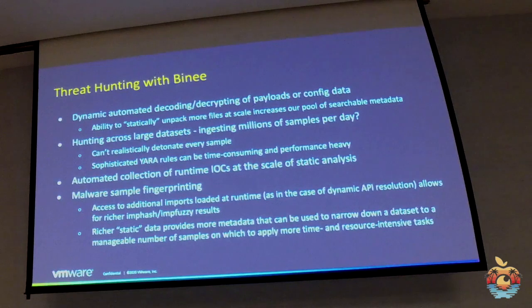So you can use this for hunting, if you've got IOCs like URLs or file names or things like that, YARA, sample fingerprinting, those kinds of things. So you can imagine the possibilities.